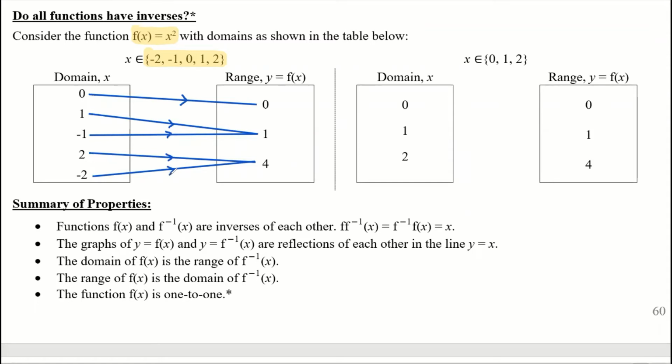So what kind of mapping is this? It's a function, definitely. But what kind of mapping is it? Well, we have more than one input going to one particular output. So this is what we call a many-to-one.